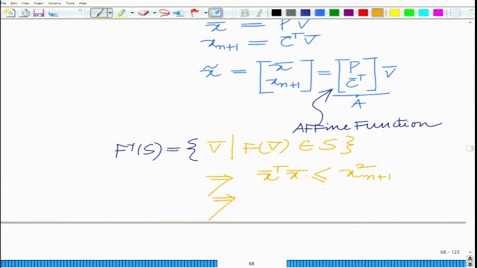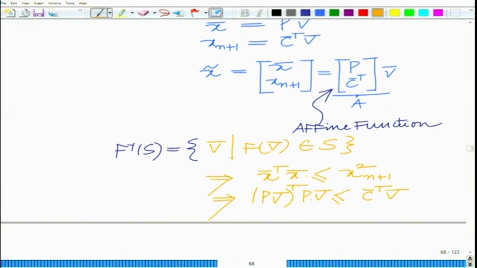Now, substituting for x bar and x n plus 1, we have x bar is P times v bar, so P times v bar transpose into P times v bar is less than or equal to x squared of n plus 1, that is c bar transpose v bar squared.